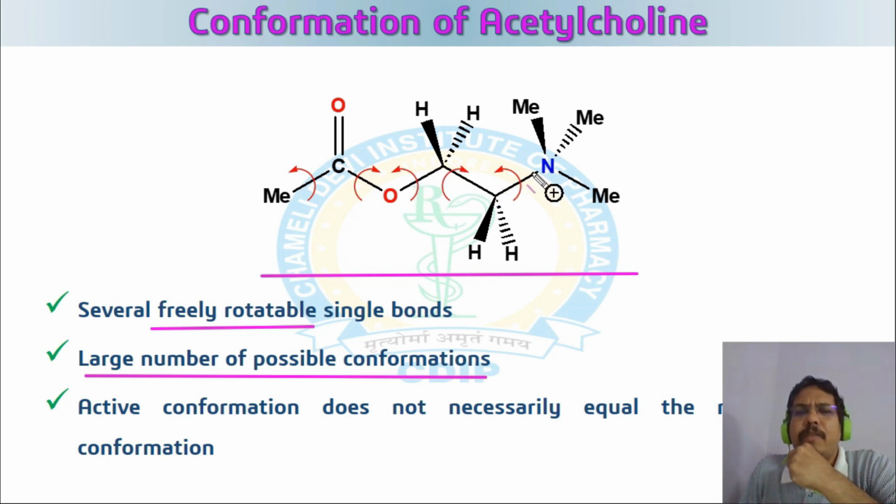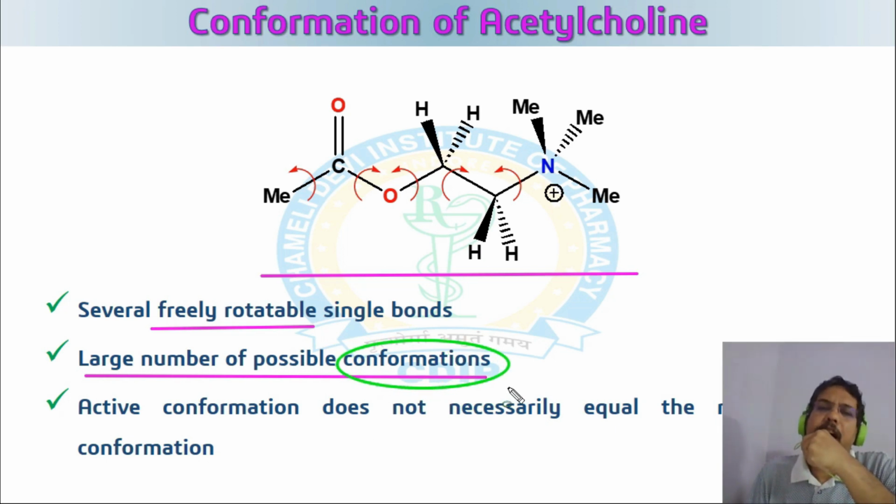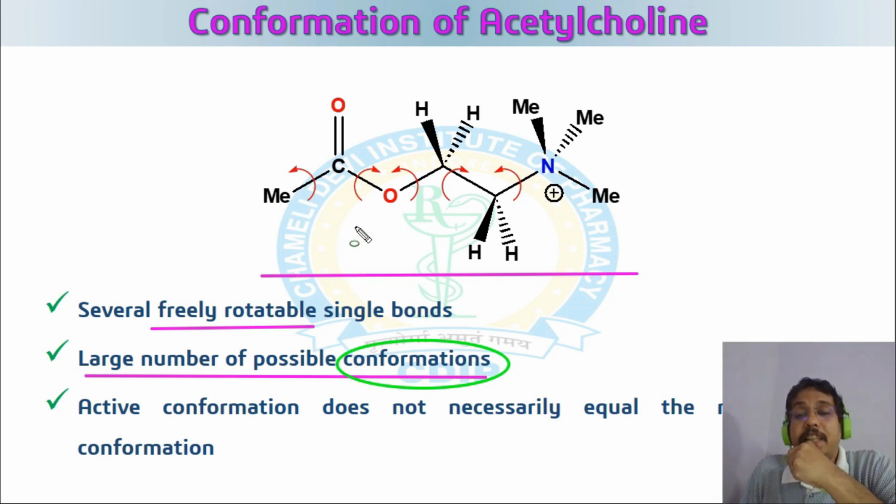Similarly, this angle varies from the methyl end to the quaternary nitrogen end, and that's why there are a huge number of permutation combinations of orientations of these groups or moieties in three-dimensional space, and that's why multiple conformations are possible for acetylcholine, and in these multiple conformations the distance also varies.